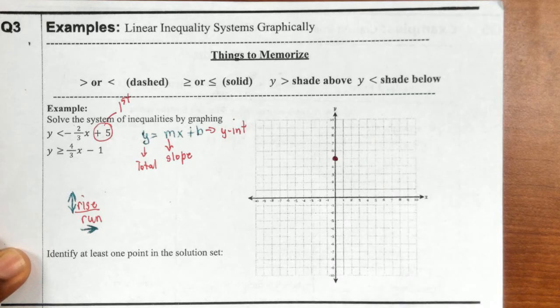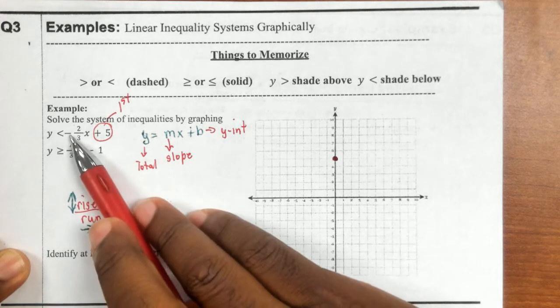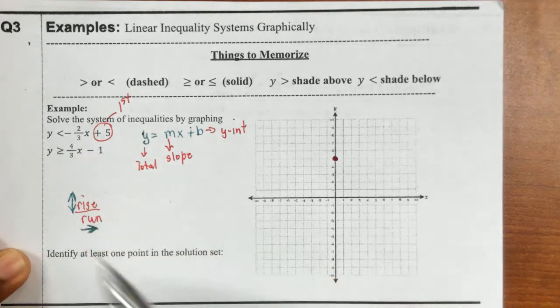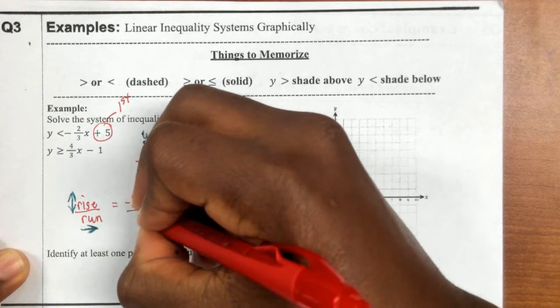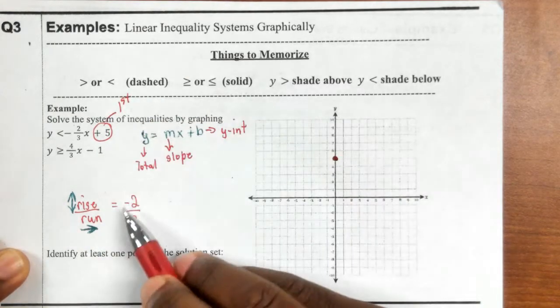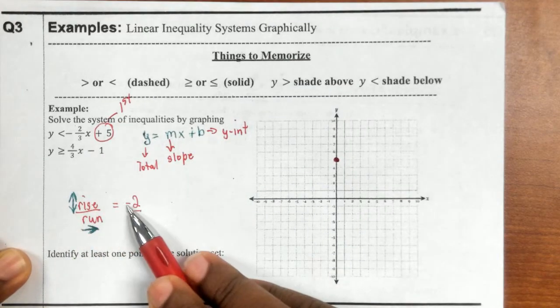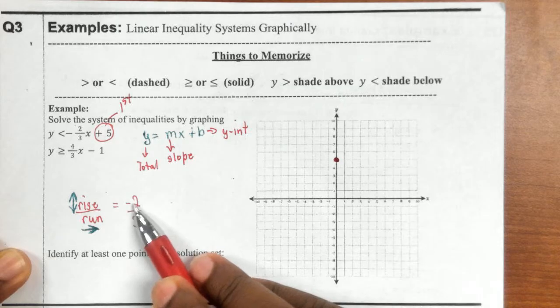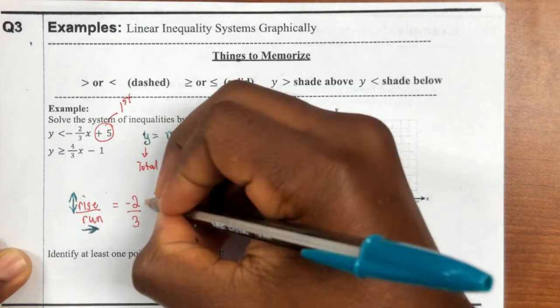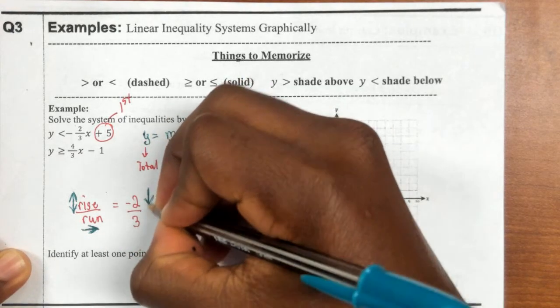Now I ask myself, what does my slope mean to me? My slope is negative 2 over 3. What does negative 2 over 3 mean with rise over run? The negative sign you always only apply to the numerator, the number at the top. That negative 2 means I'm going down 2.